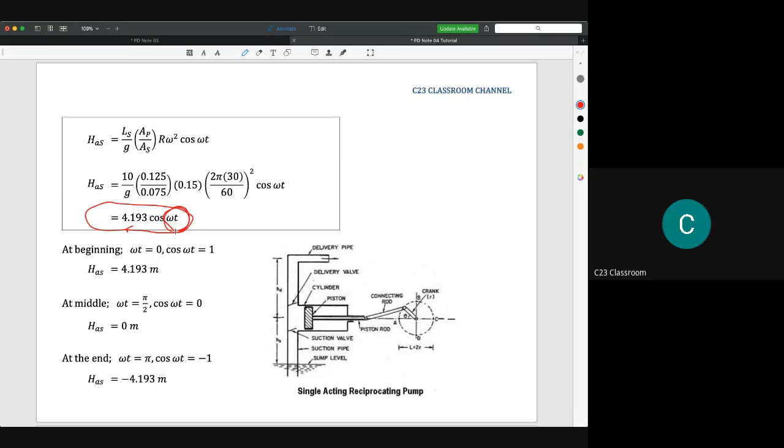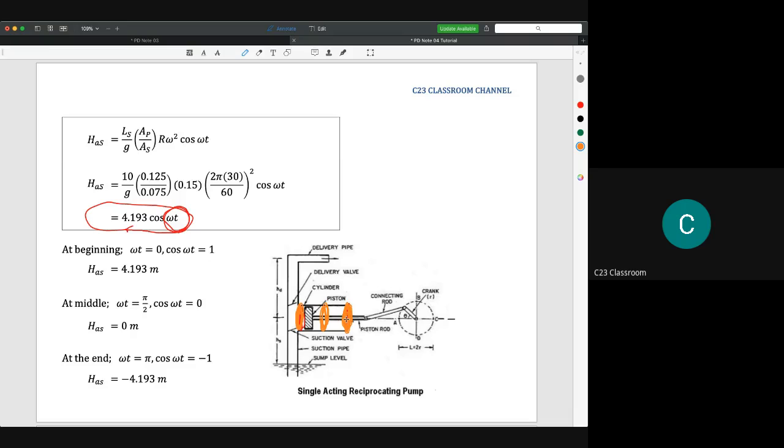Here, the beginning, middle, and end means that you need to understand the movement of the piston. Suction means the piston needs to start from here to here. So the beginning means at this location, the middle is at the middle, and the end of the suction should be here.